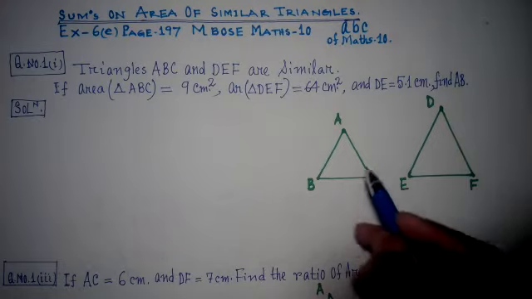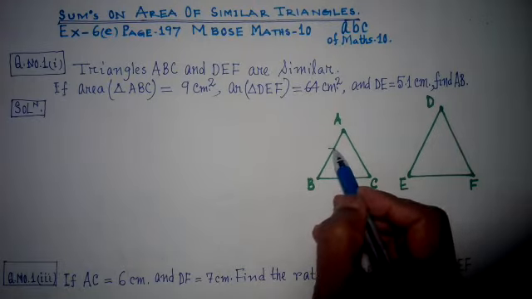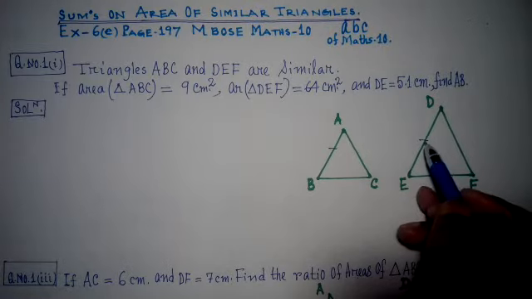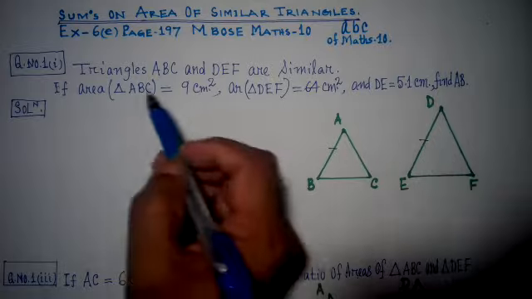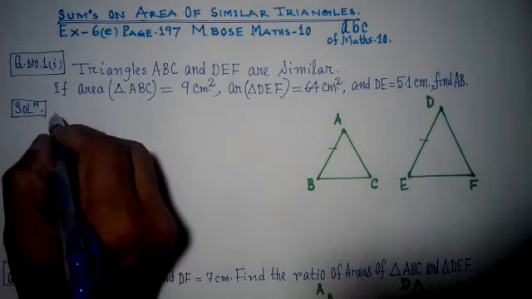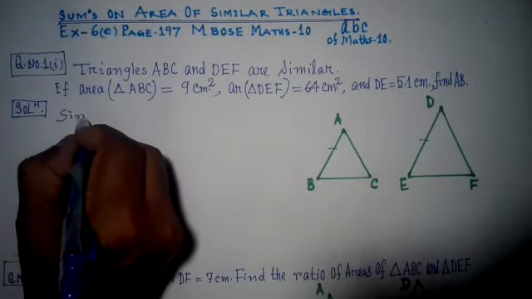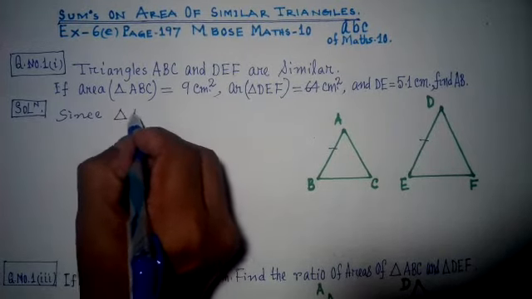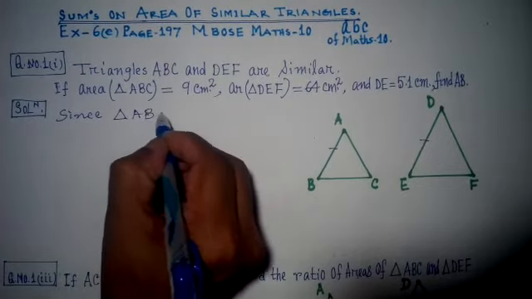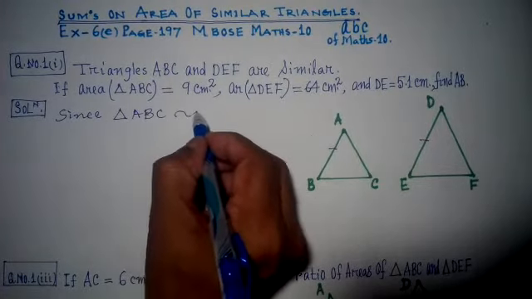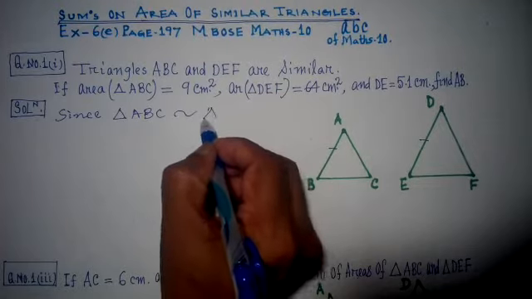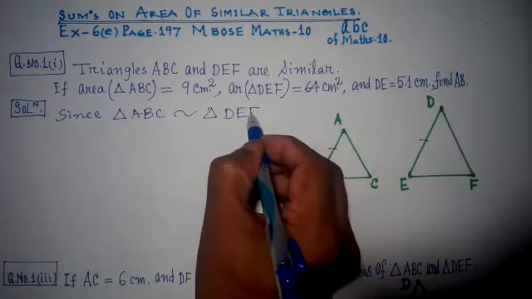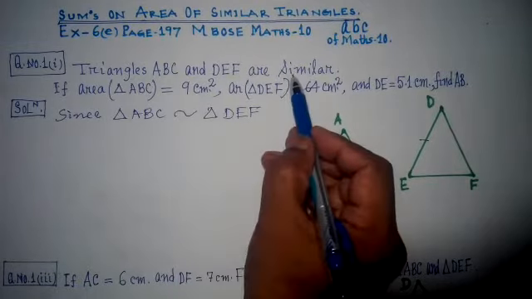We can say the side AB and side DE are the corresponding sides. So we can write, since triangle ABC is similar to triangle DEF, these two triangles are similar, it is given.